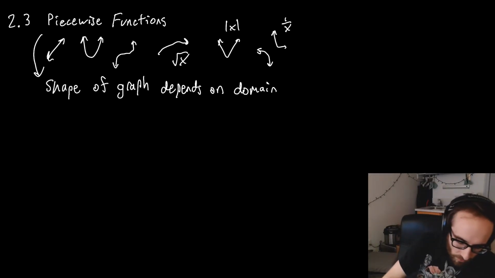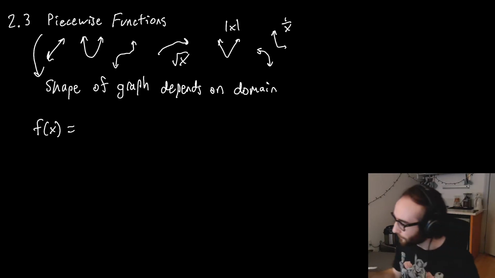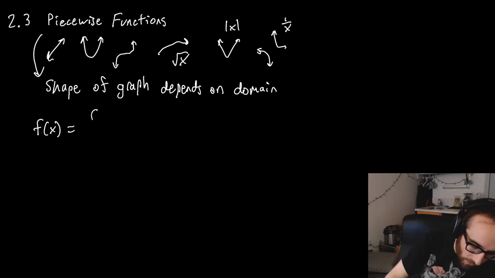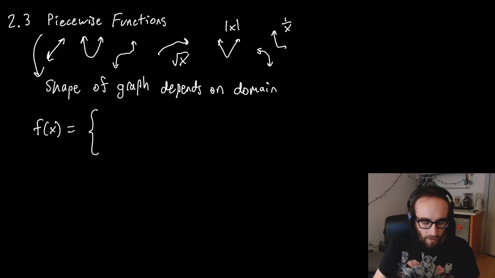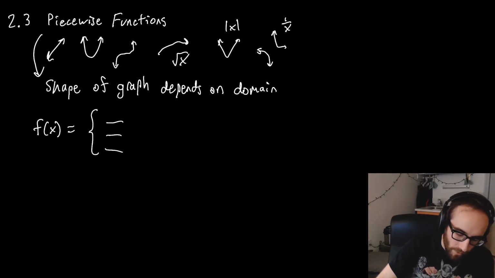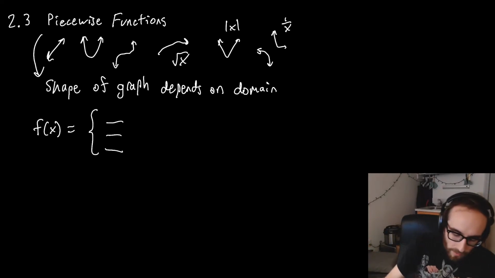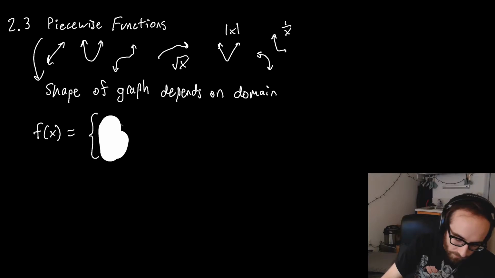A quick example, we could have f of x equals, and then you'll often see a curly bracket, and all of the different functions throughout all of the different x values that we could encounter are going to be listed in these spots.